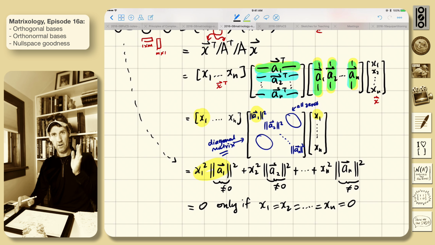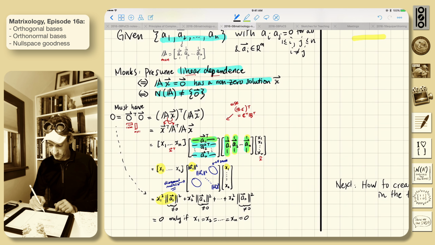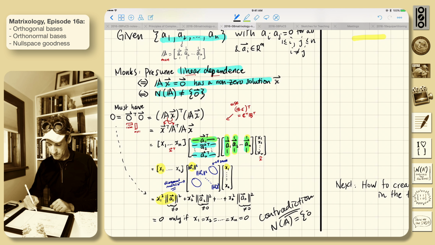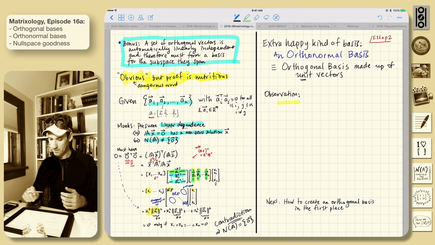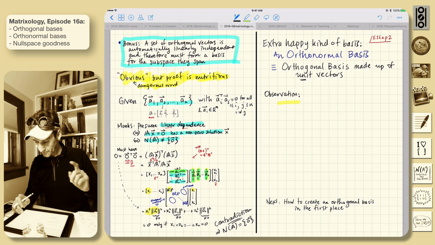So again, this is kind of an obvious proof. So this is a contradiction. I mean, it's a proof of a seemingly obvious piece, but it's nice to do the math. The null space of A is equal to 0. Which means they're linearly independent. Okay, good.